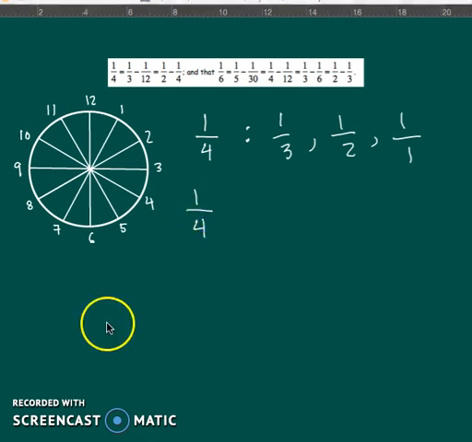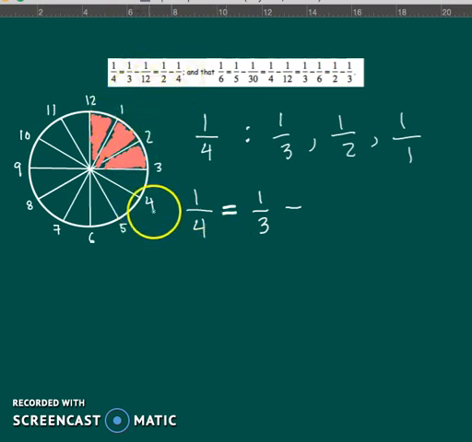So 1/4 is equal to 1/3 minus what? Well, let's see if we can figure it out using our pie. So first of all, let's paint in what portion of the pie is represented by 1/4. So that's 3 slices. And what portion of the pie is represented by 1/3?